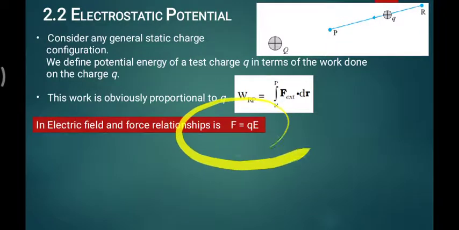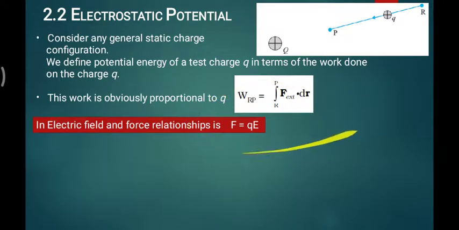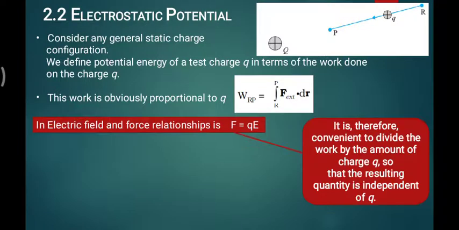You can see what I am trying to say. So is there any relationship between the electrostatic potential and work done, or the electric potential and potential per unit charge? Here I am trying to explain that.